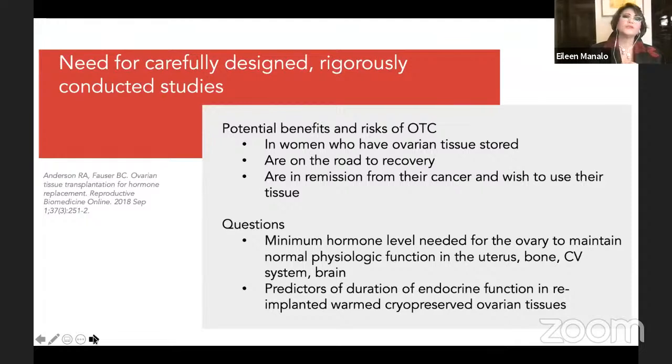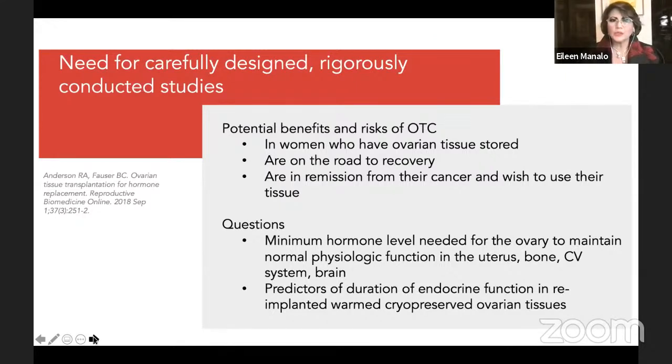Obviously, we all need to look into carefully designed, rigorously conducted studies before this becomes standard practice. Nevertheless, it's important to look into the potential benefits and risks of OTC, especially in women who have already restored their ovarian tissue, women who are on the road to recovery, are in remission from their cancer, and wish to use their tissue.